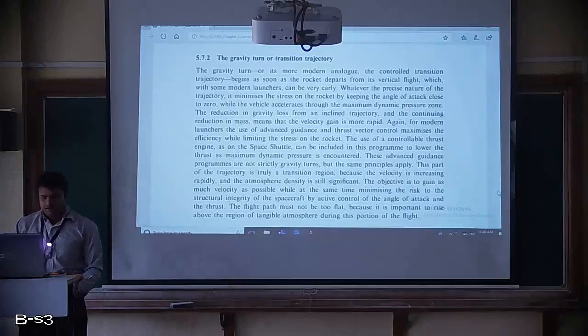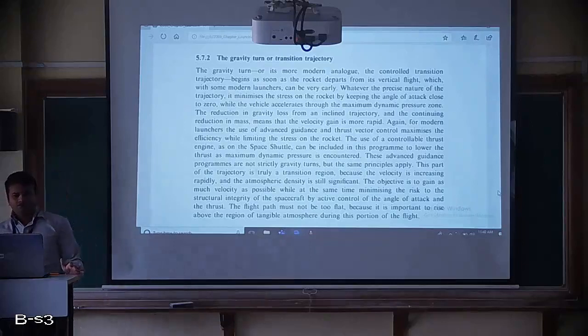Here, to get into the transition trajectory, we should not make the flight path too low or too flat to the ground. It's not advisable, because it is important to rise above the region of the tangible atmosphere during this portion of the flight.